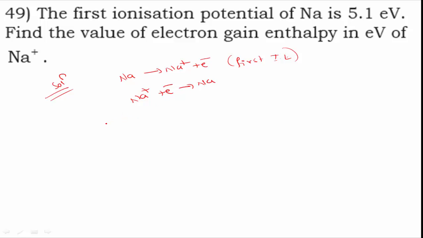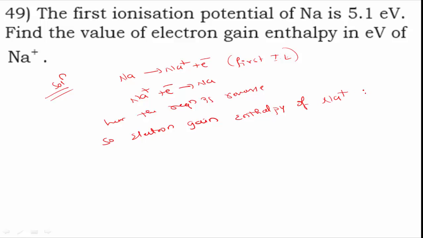Since the reaction is reverse, the electron gain enthalpy of Na plus is delta H equal to minus 5.1 electron volt.